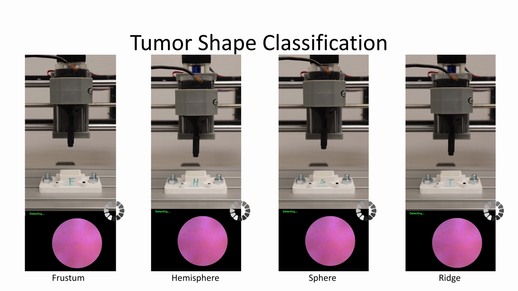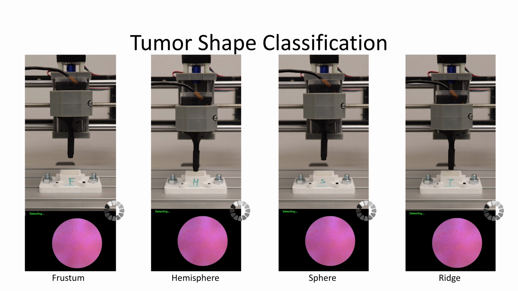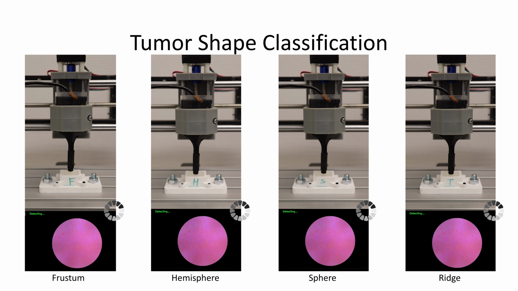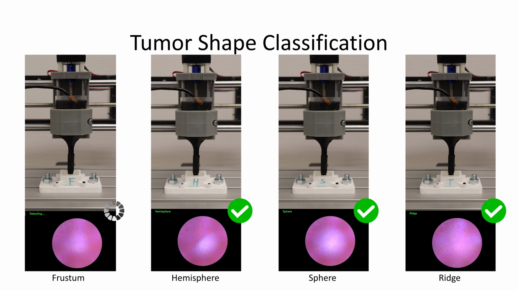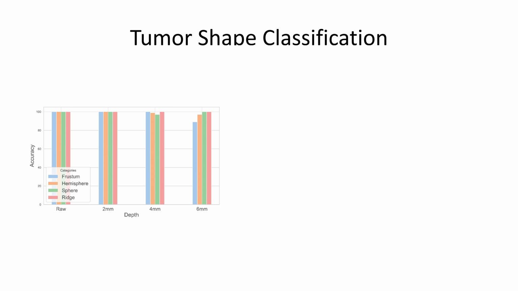Here we present some demonstrations of tumor shape classification using TacScope in real time. During these demonstrations, dummy tumors of different shapes were placed at a depth of 2 mm beneath the phantom skin. We trained 4 separate ResNet models to classify tumor shapes at depths of 0 mm, 2 mm, 4 mm, and 6 mm.